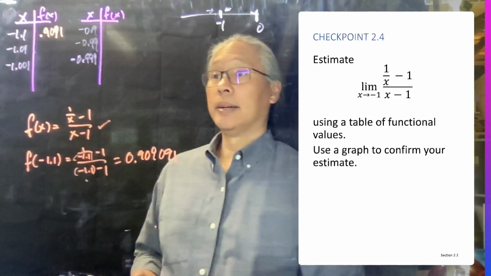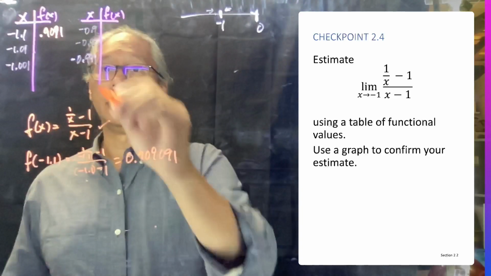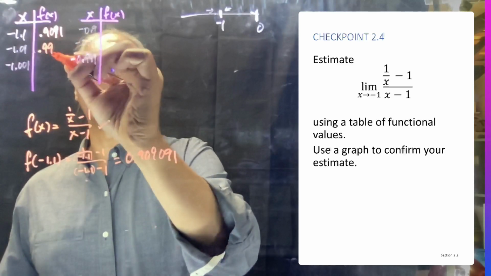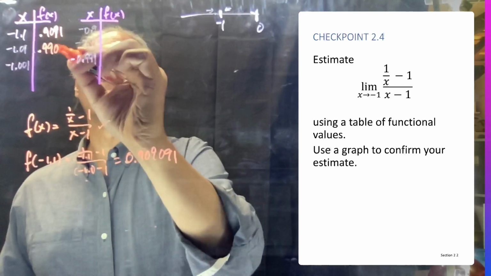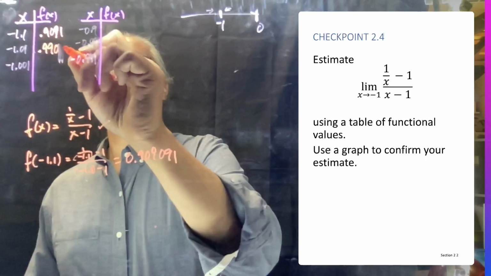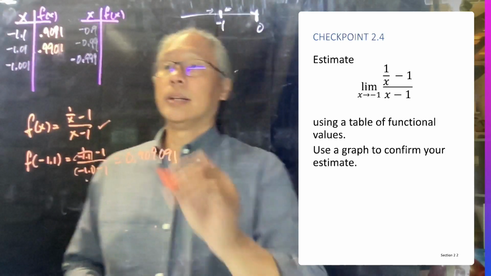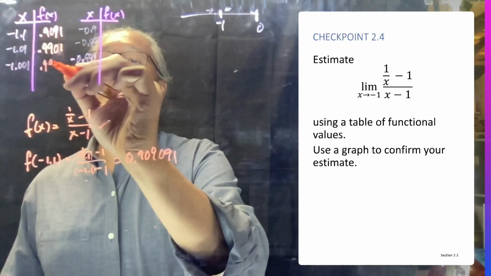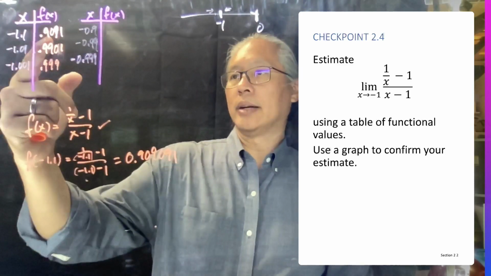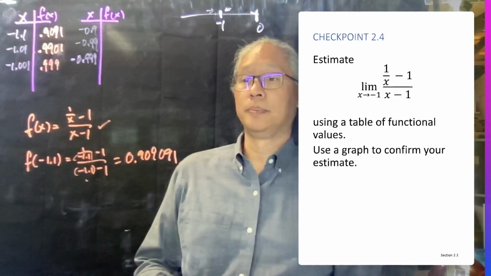And then for the next one, I did it using technology, I got 0.990099. Well, I guess they put a 1 here just to round it off correctly. And then for the third one, I got 0.999. So it looks like 0.9, 0.99, 0.999. It looks like it's getting closer and closer to 1.